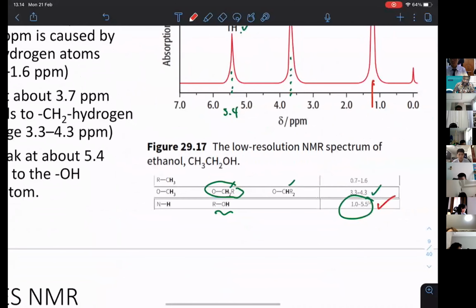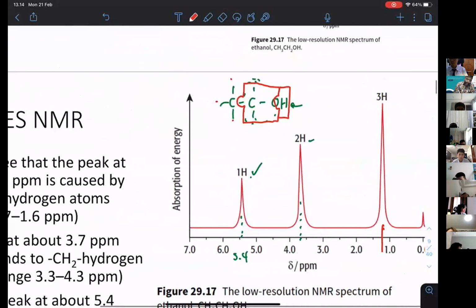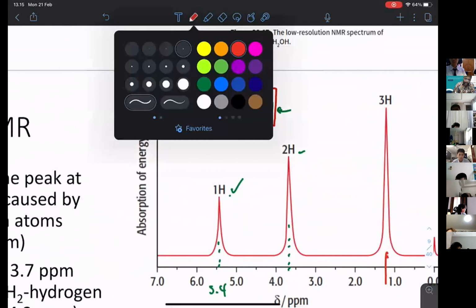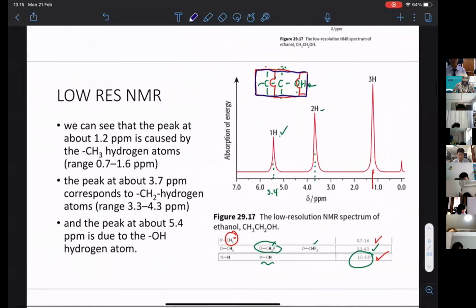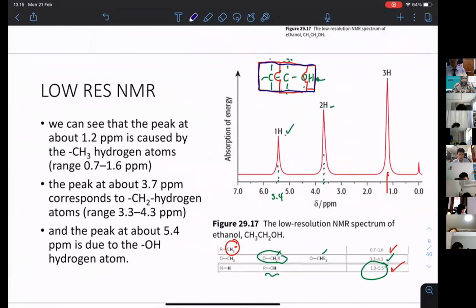It can be here or here, but we are looking for 3 hydrogen, so it must be CH3. Overall, the picture now is complete. So I know that this is going to be ethanol. This is how you predict. You put all the pieces together. That is the use of NMR.